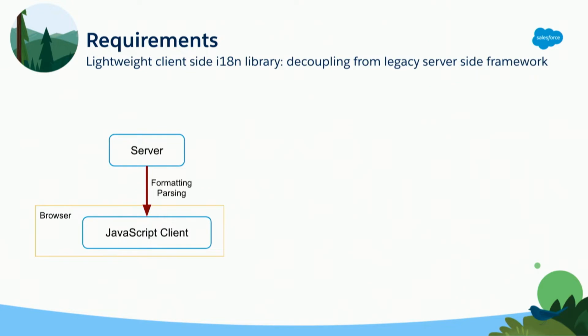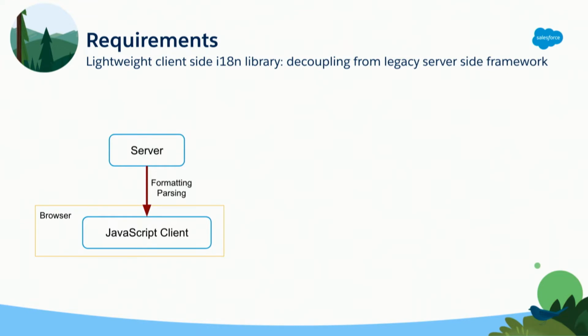So let me talk a bit more about this last requirement for a lightweight client-side library. We had a legacy framework that is more on the, I would say, JSP way of doing things. So there was a JavaScript client, but for each formatting action, it was doing a call to the server.